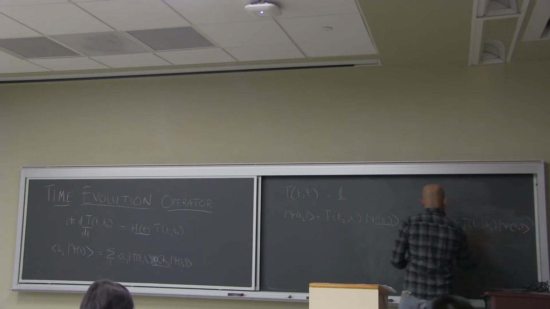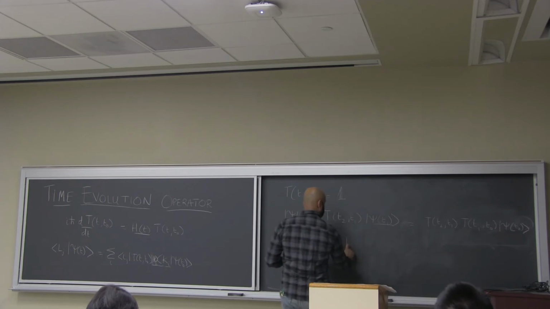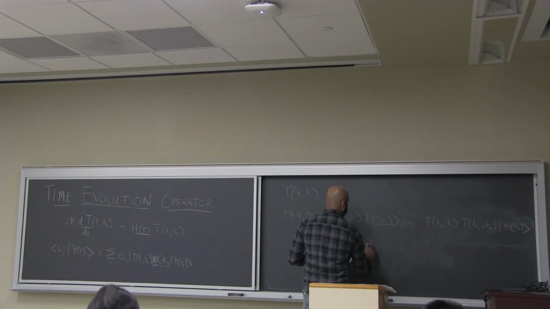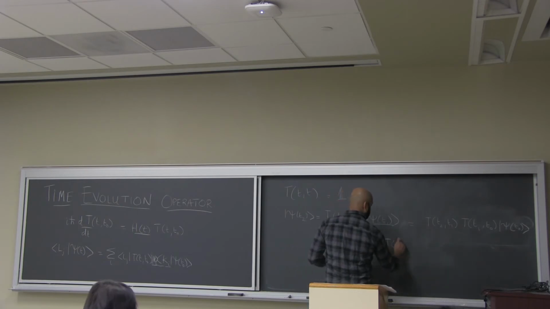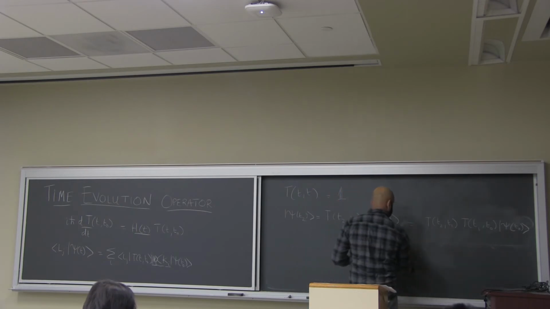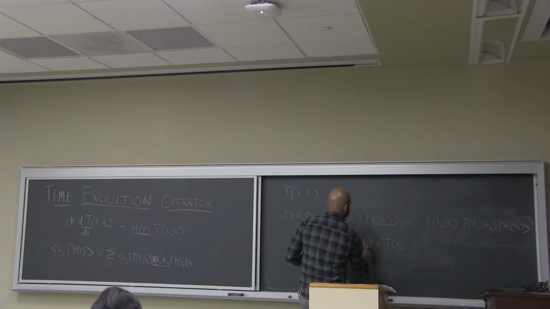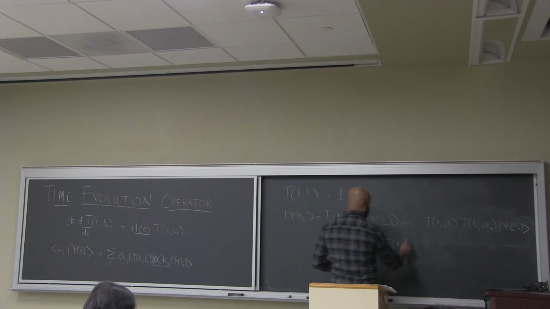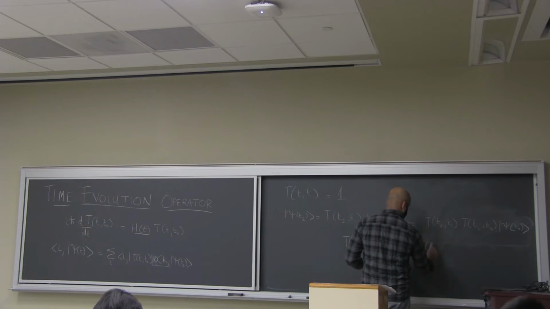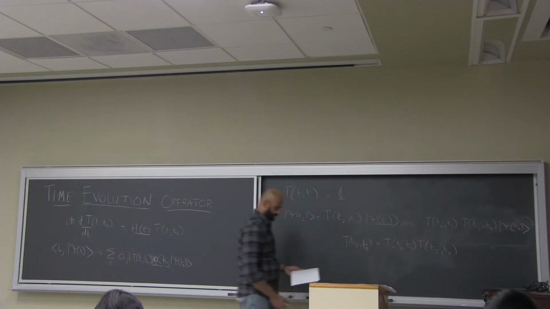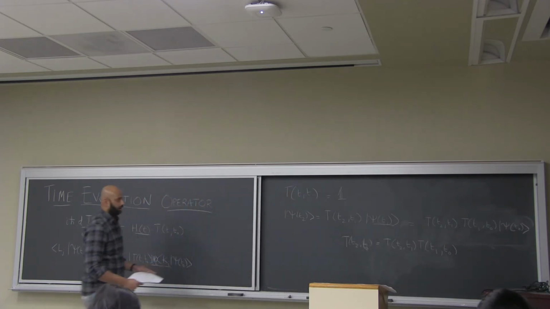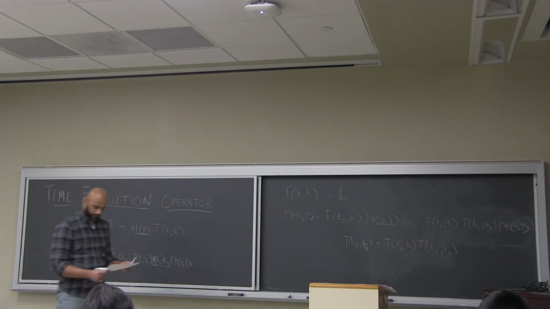So from these relations, we can say that the time evolution operator from t0 up to t2 must be the product of these two operators, where t1 is intermediate between t0 and t2. That is an obvious statement, but we are making it formal over here.